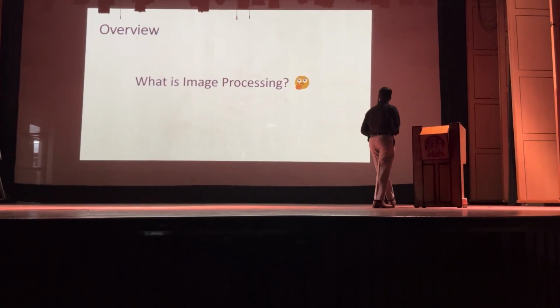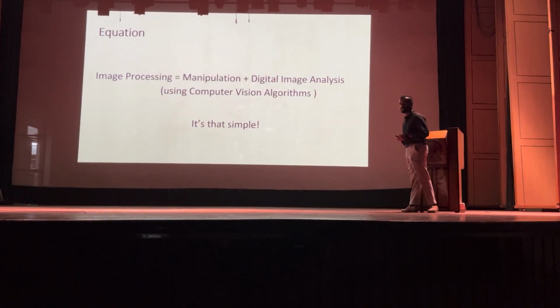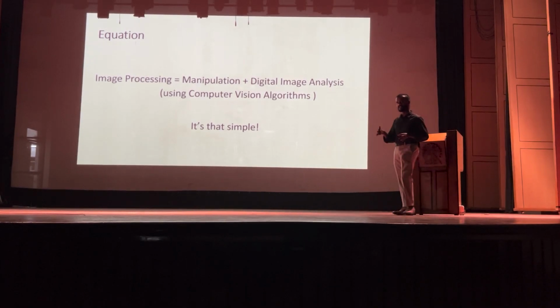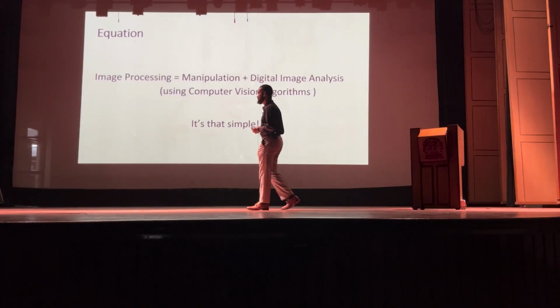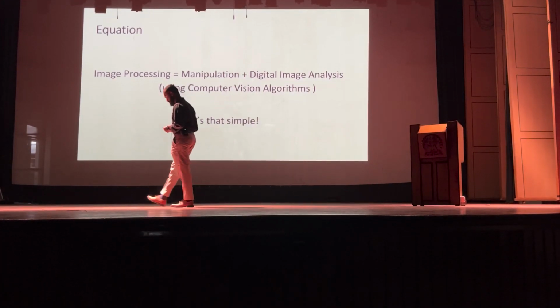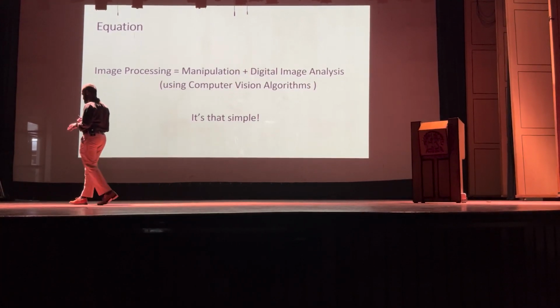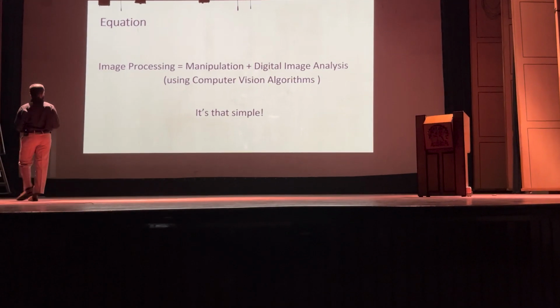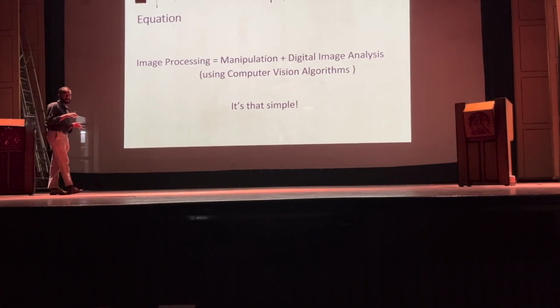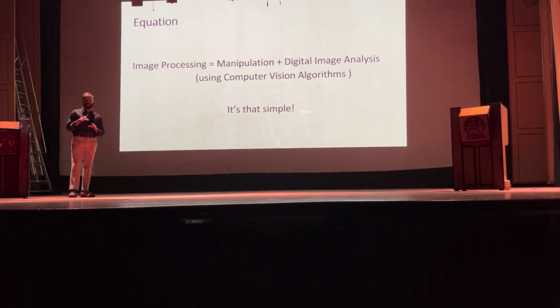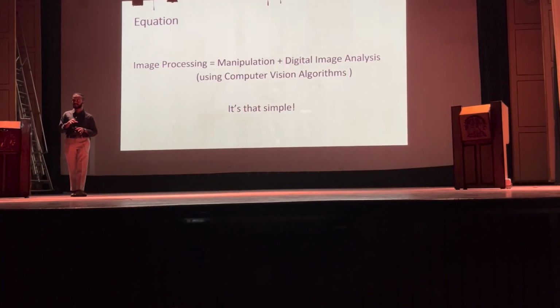So I actually have an equation for this, which makes this concept really simple for anyone to understand. I say that image processing is nothing but manipulation of pixels. We know that images are made of pixels, so you manipulate these images to get really important or useful data from the image itself.